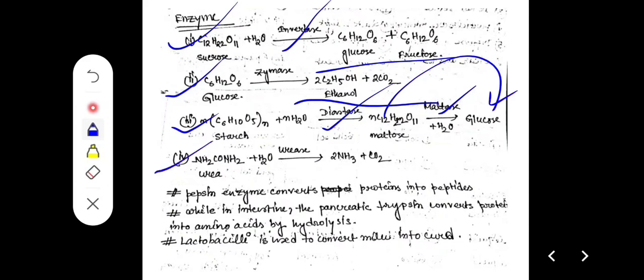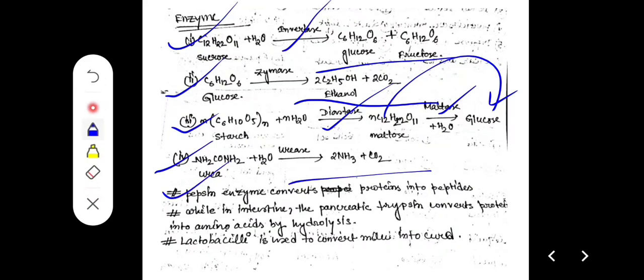Then urea, NH2CONH2, reacts with water in the presence of urease enzyme to produce ammonia and carbon dioxide. And also, pepsin enzyme converts protein to peptides. Peptide means nothing but a linkage of amino acids. Protein is the polymer of amino acids and peptide is a linkage of many amino acids.